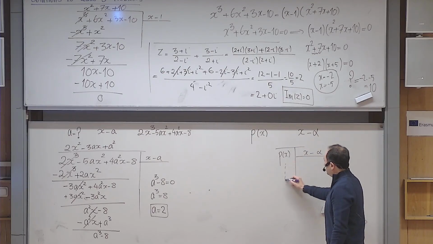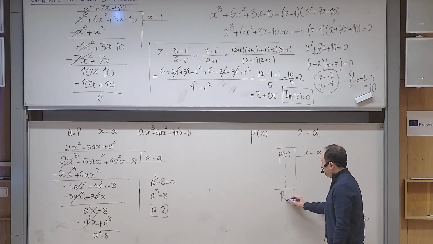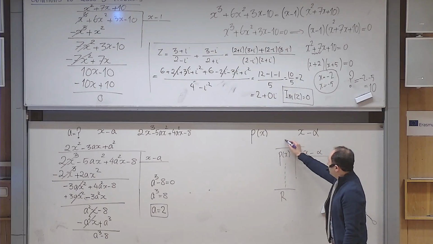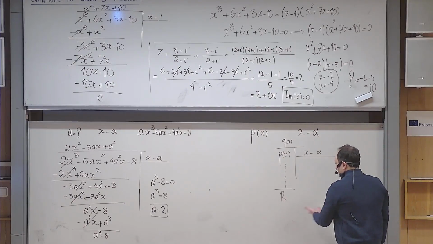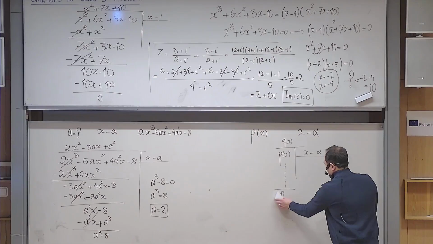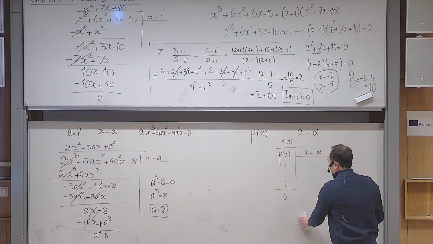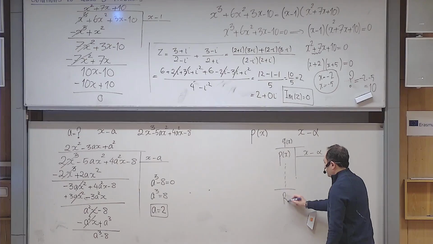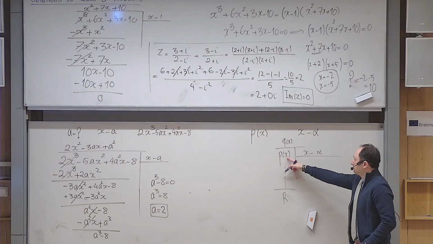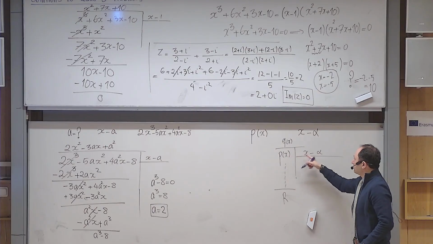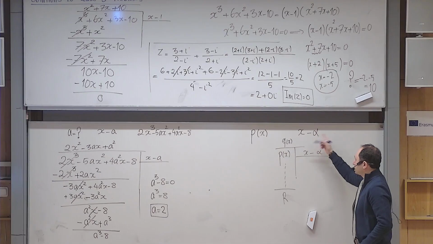You will continue. Let us say that I get the remainder r here, and I get the quotient q of x here. So if the remainder is 0, it is divisible. Let me write it with r because it is good to know about generality. So I have a polynomial. I don't know anything about that. I divide it by x minus alpha for some alpha.